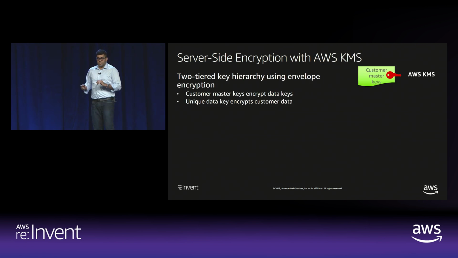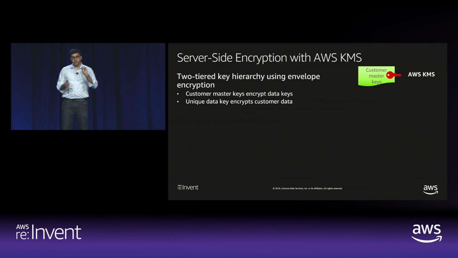With SSE-KMS, it's an envelope encryption where the customer master key creates a data key, a unique data key for every object. We use the plain text of that data key to encrypt the object and then store it on S3. We throw away the plain text immediately, and then we store the ciphertext of that encrypted data key and the object in S3.